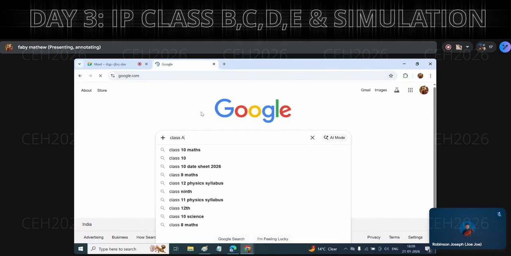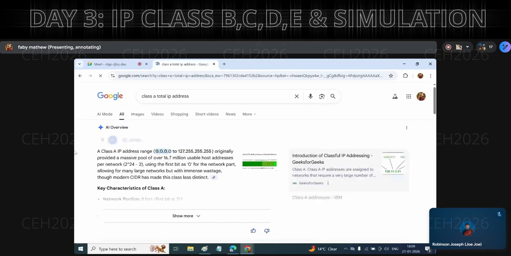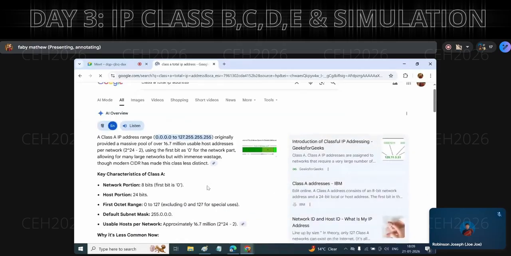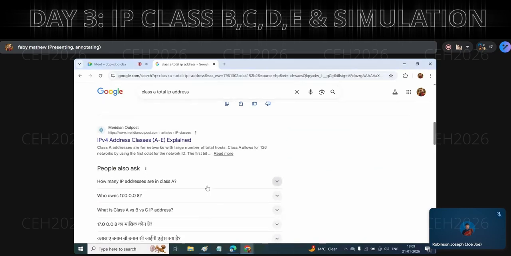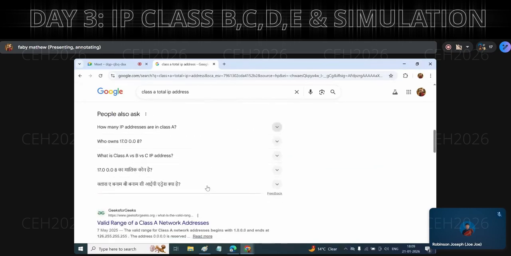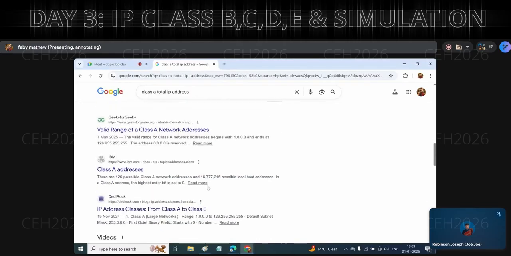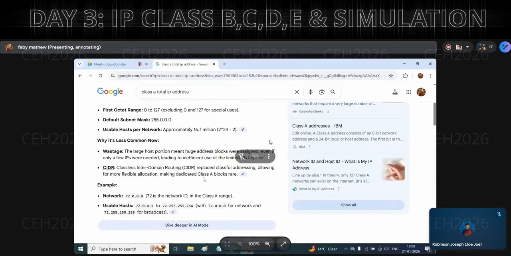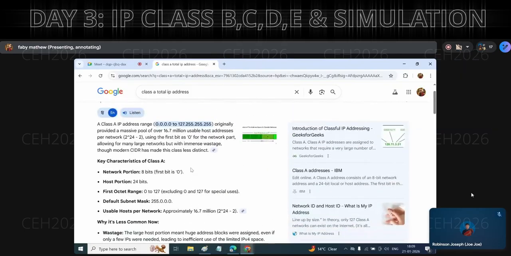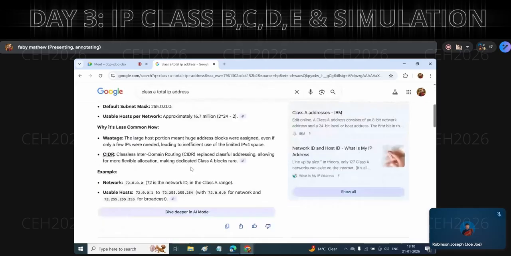Class A total IP addresses. It is actually 1 crore 27 lakhs, something like this. It is not showing exactly.